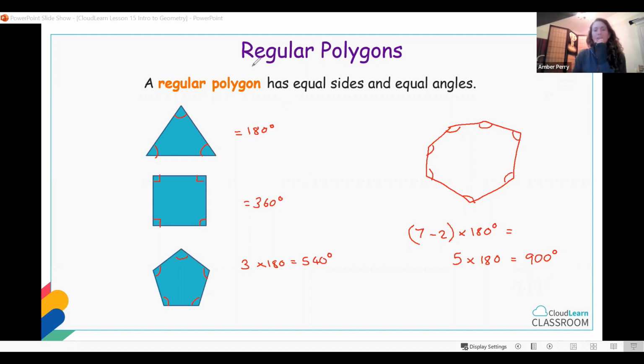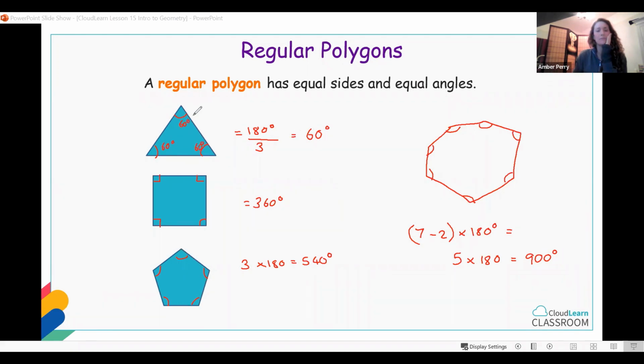So in regular polygons, and this is where it gets important, all of those angles are the same. So in an equilateral triangle, we've got 180 degrees, and they are all the same. So it's going to be 180 divided by 3, and that gives us 60. So each angle is 60 degrees.